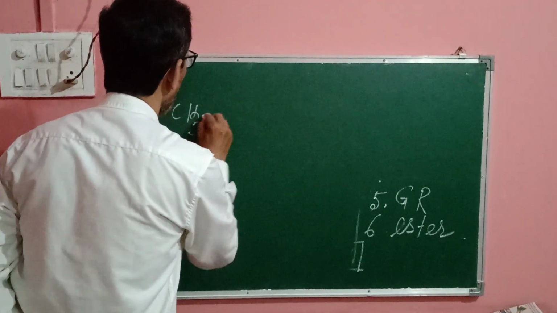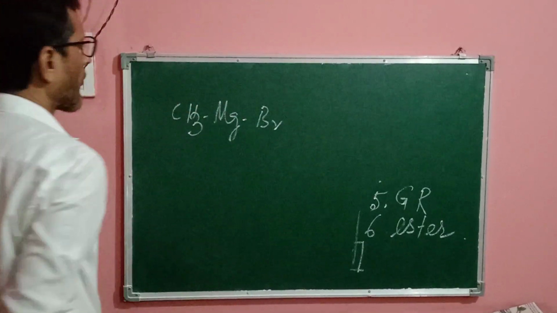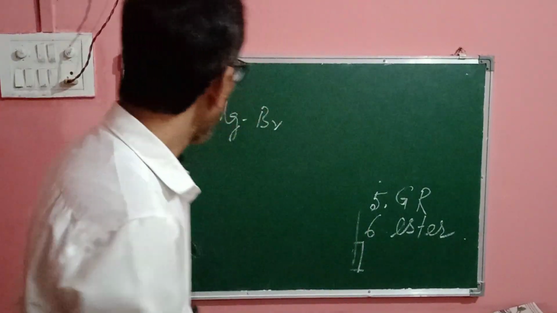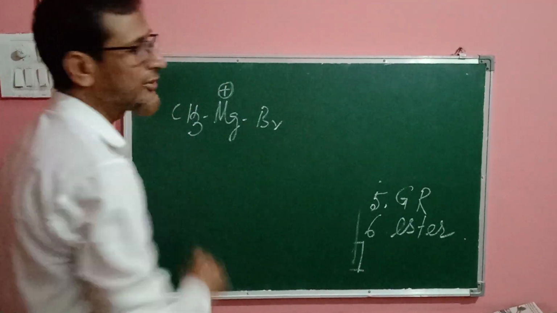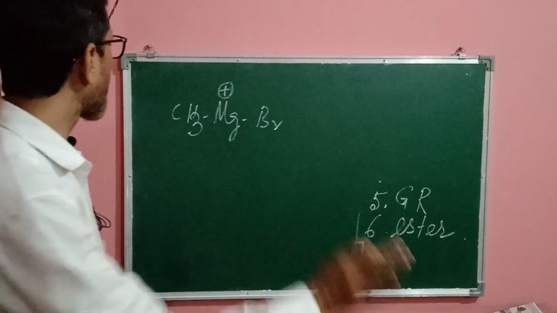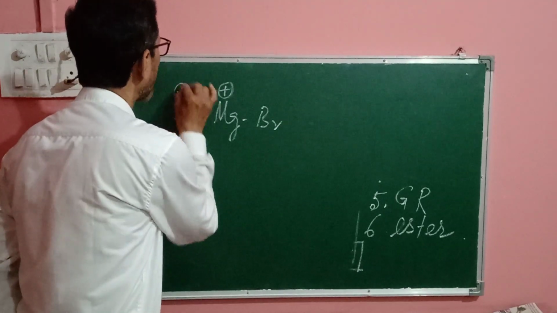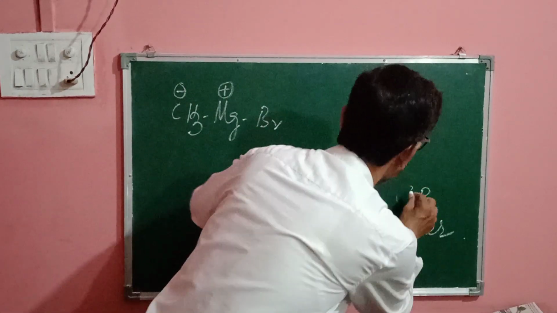Say methyl magnesium bromide. Here one thing is very important. Whenever you write a Grignard reagent, keep in mind that the metal is always plus, and the carbon part is minus. Don't forget to mark it in this way.